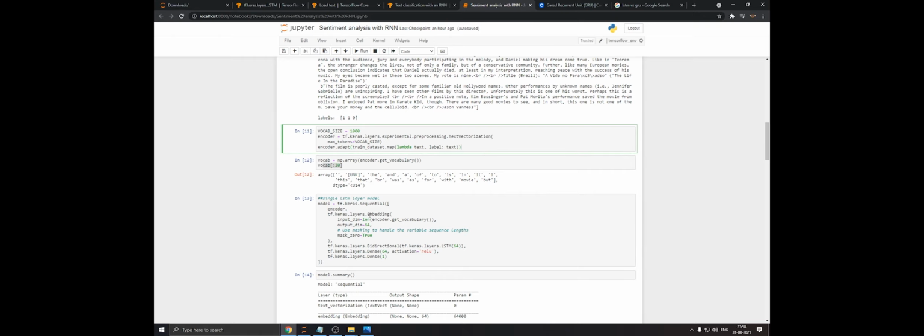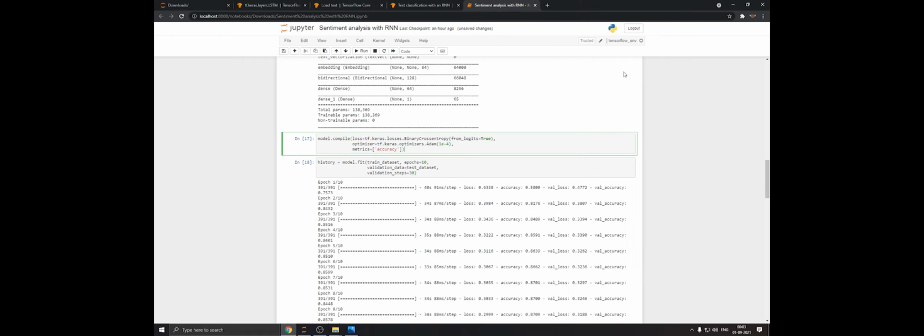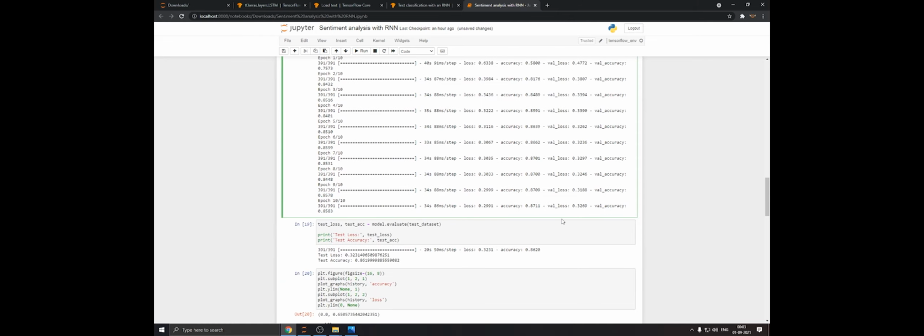And then we have the embedding layer. We will simply compile the model with loss binary cross entropy, optimizer Adam, and for metrics we will choose accuracy. Then we will fit the model with the training dataset, epochs 10, and the test dataset as the validation dataset. This will run, and we got 87% accuracy.